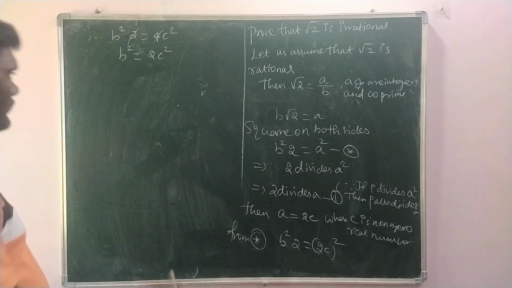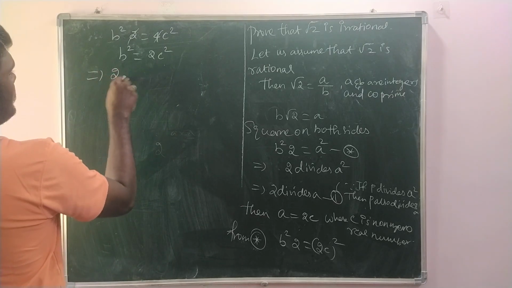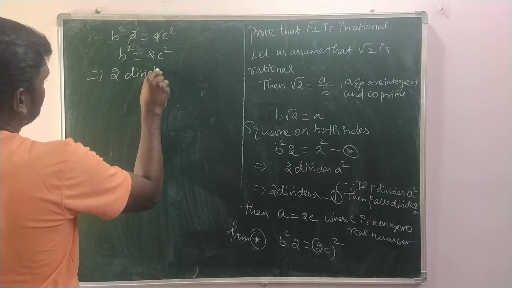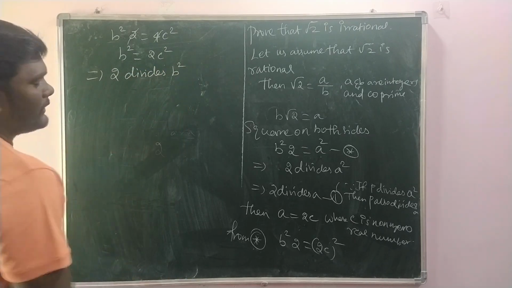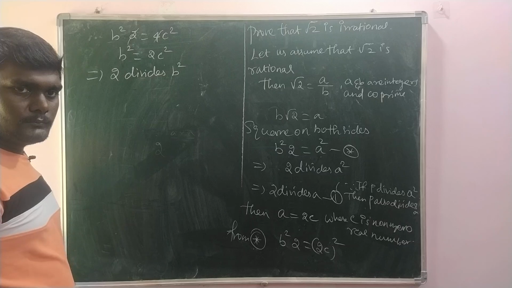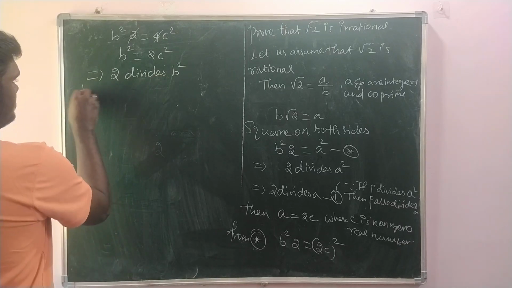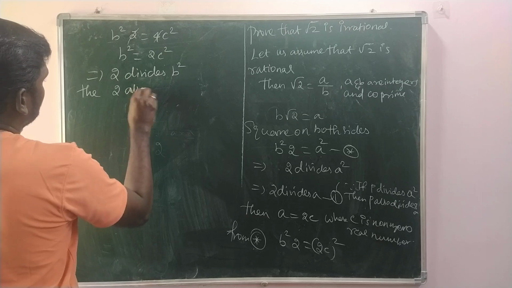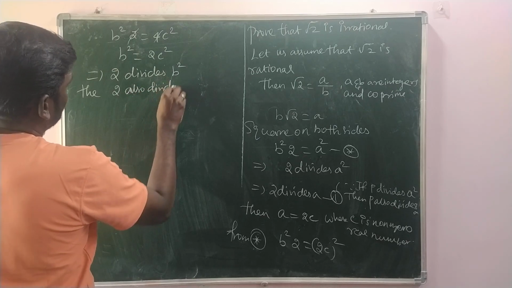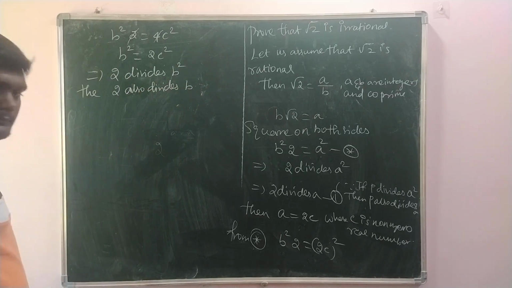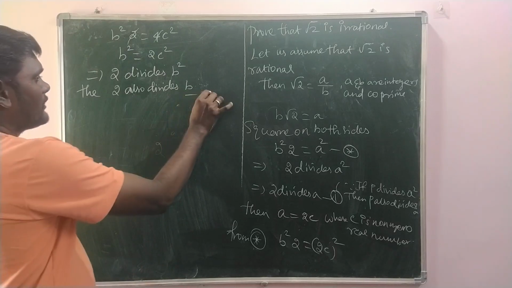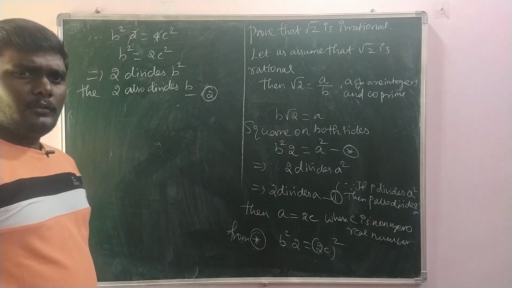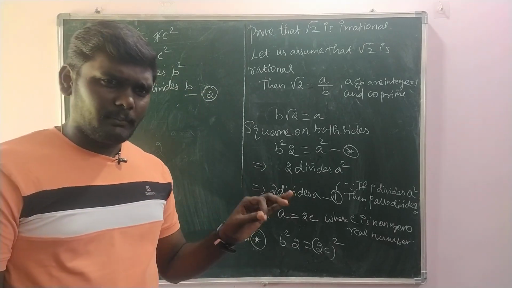Is it? Then what we can say? 2 divides b square. Shall we say? Then 2 also divides b. This is equation 2. Wait a minute. Something is happening.